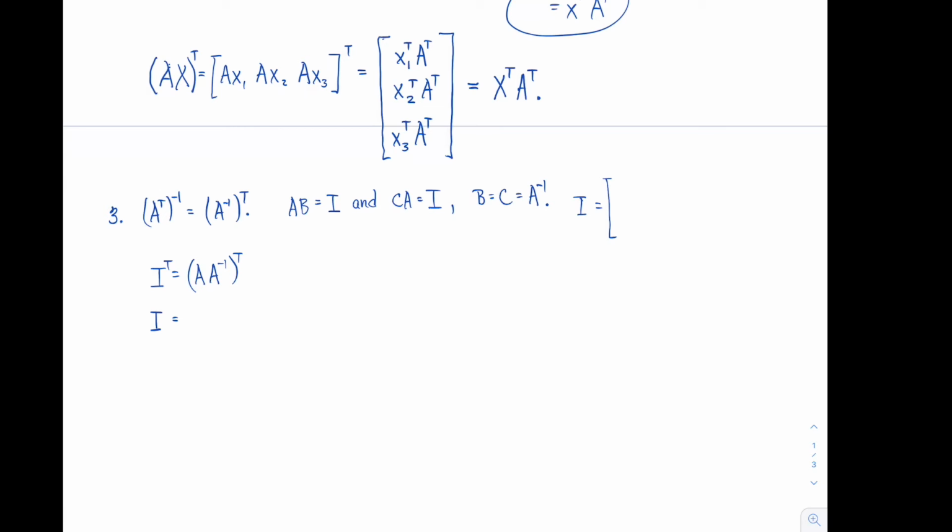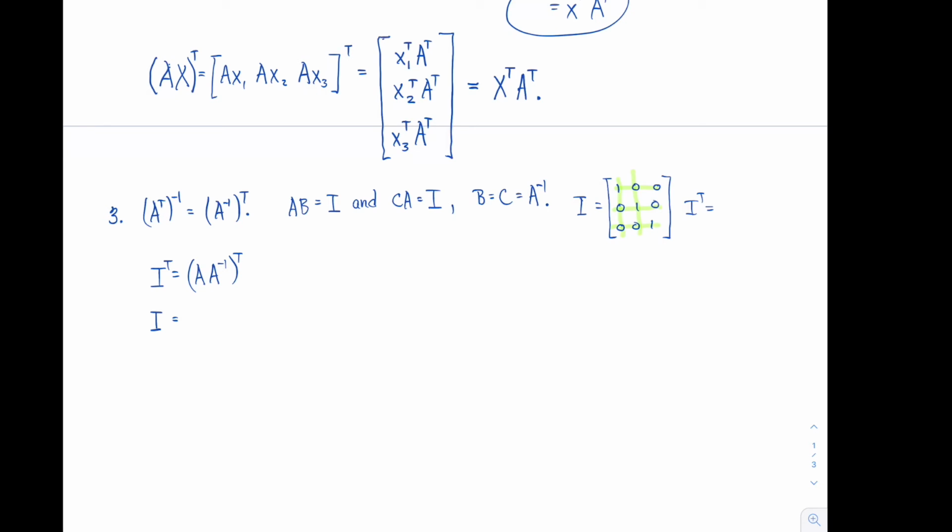If I is maybe a 3 by 3 of 1, 0, 0, 0, 1, 0, 0, 0, 1, and you transpose that, row 1 becomes column 1, but those are the same.